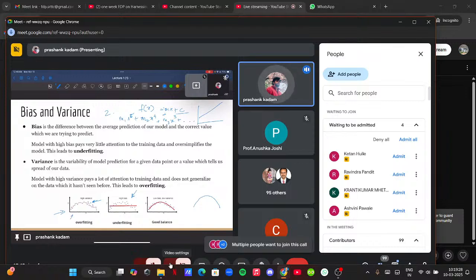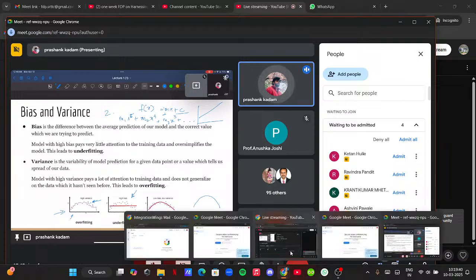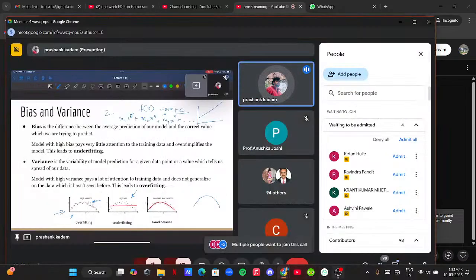And such a scenario in which your curve is so highly overfitting that it essentially fits all the data points exactly in your training data set is called a high variance model. So we say that your model is having very high variance, which is also not the ideal case.